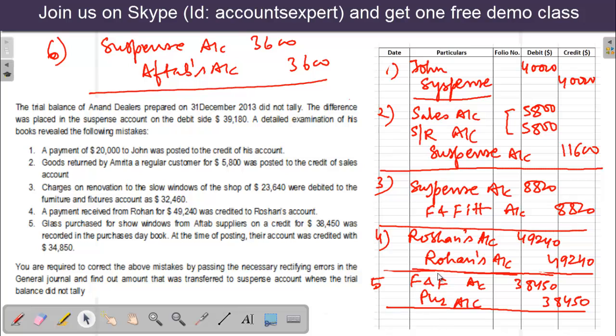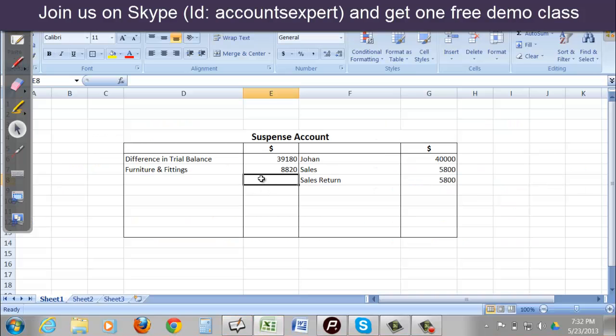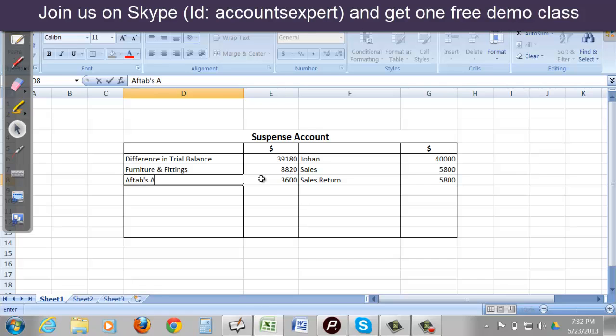In the fifth entry again there is no suspense account, so leave this entry also. Now in the sixth entry there is suspense account debit, Aftab's account credit. Suspense account debited, so on its debit side I will write 3,600, Aftab's account.